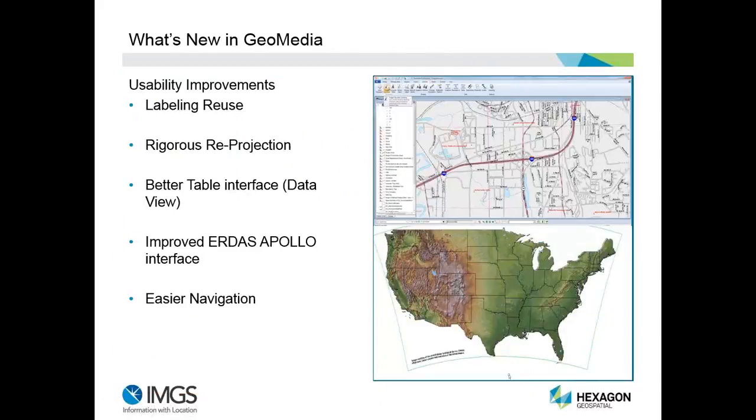What we've also done is there's also some labeling improvements. One of the big ones is the labeling reuse. Anyone who would have seen our webinar last year on GeoMedia 2014 would have seen the labeling tools. What came in 2013 was the ability to dynamically create labels which were intelligent, so you could then build rules into the labeling.